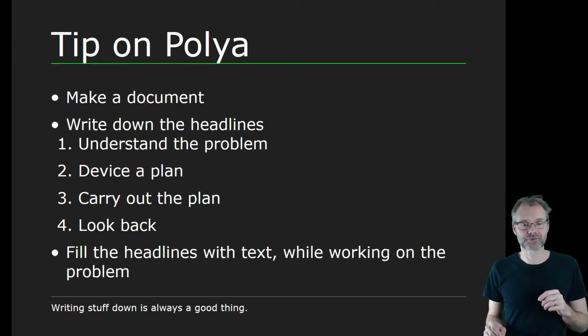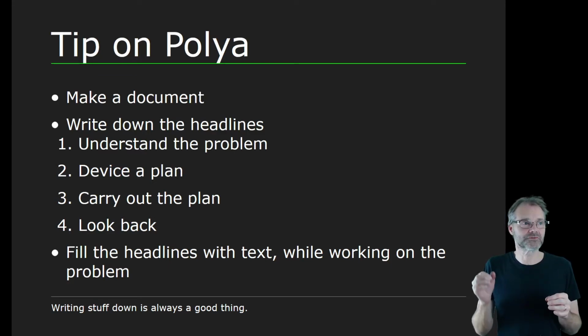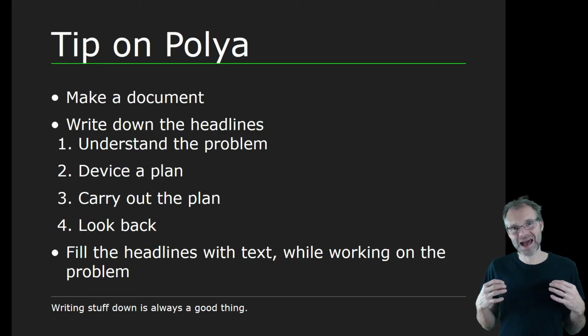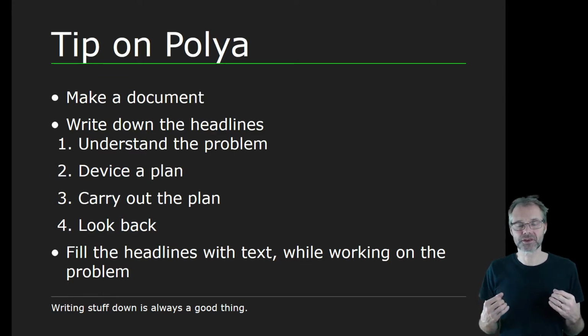And a Mikael tip on Polya would be that when you have Polya 1, 2, 3, 4, and you're actually going to work them through in some sense, it wouldn't be a bad suggestion to make a document of it.